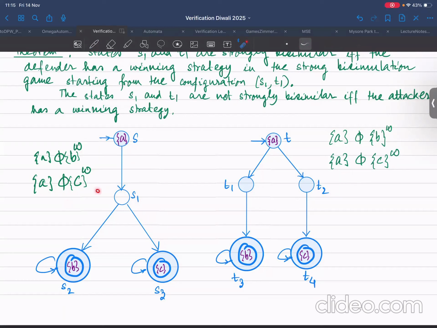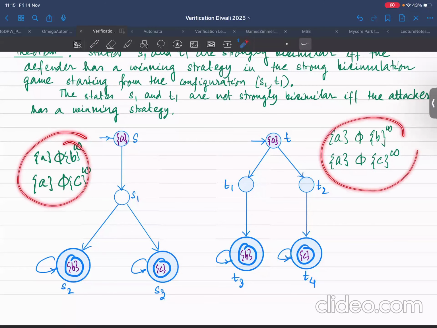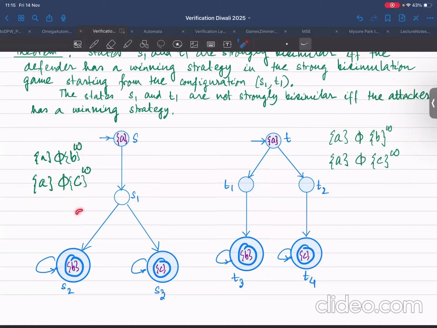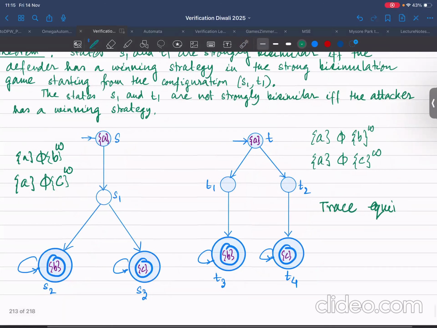But these two structures are not bisimilar, though they are trace equivalent. Same set of traces in both cases. Trace equivalent but not bisimilar, these two Kripke structures.